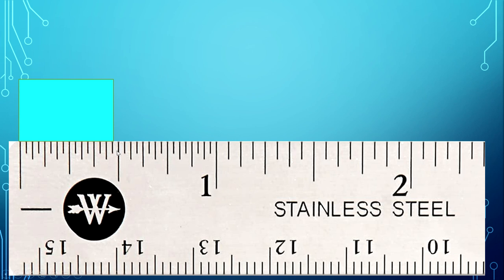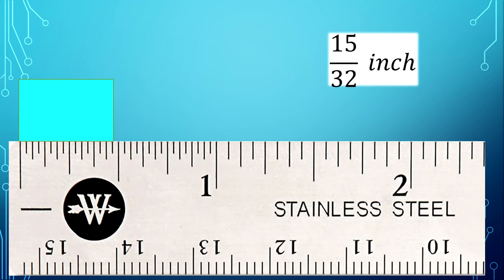So I could subtract 1 from 16 and get to 15. So that's going to be 15 over 32. Or I can start here and count 1, 2, 3, 4, 5, 6, 7, 8, 9, 10, 11, 12, 13, 14, 15. That's going to be 15 32nds of an inch.